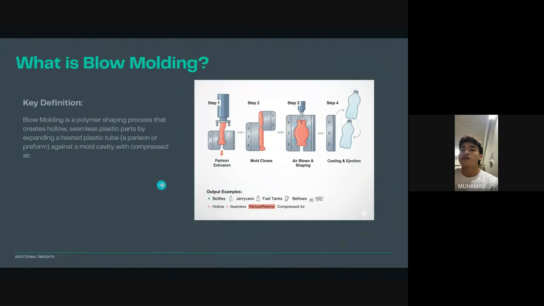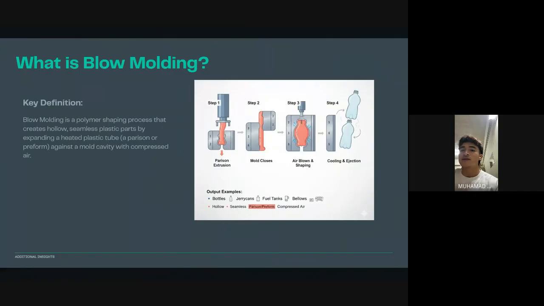This parison is placed into a custom mold, which then closes around it. Compressed air is injected into the parison, forcing the soft plastic to expand and conform precisely to the shape of the mold cavity. Once it is cooled and solidified, the mold opens and the final hollow part is ejected.